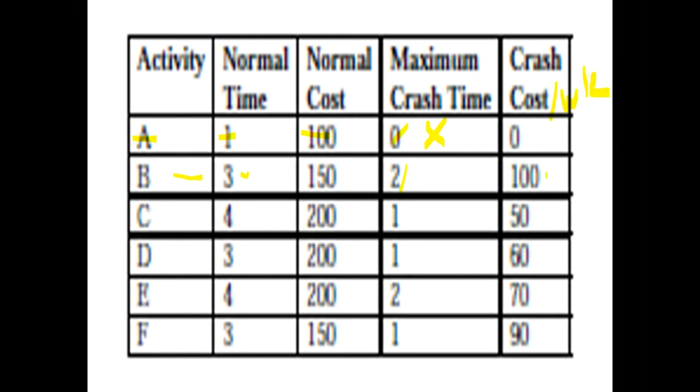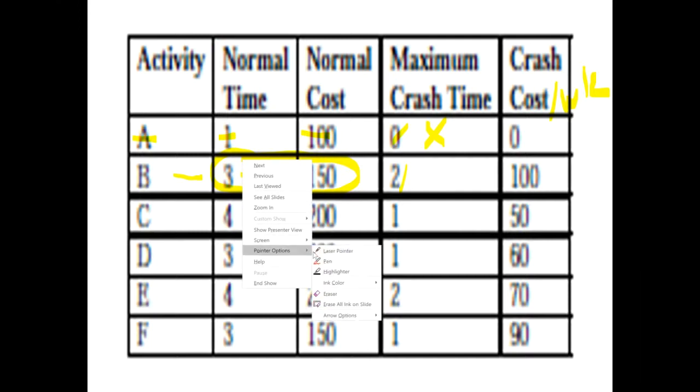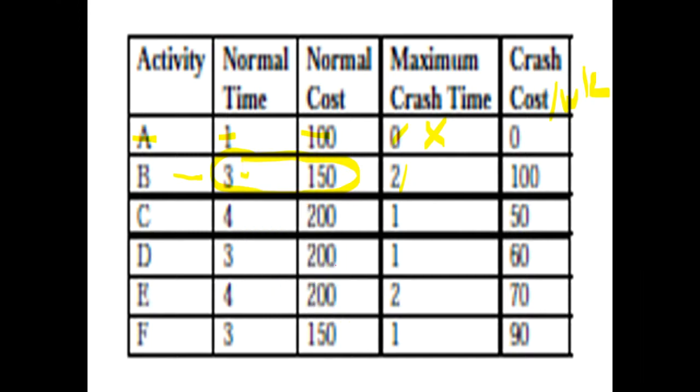So basically, one option is you deliver it at a cost of 150 in a 3 weeks duration, or you could use both of these crash weeks and get it delivered in 1 week, but you will have to pay a cost of 150 plus 200 for crashing, so that will be 350,000 pounds.